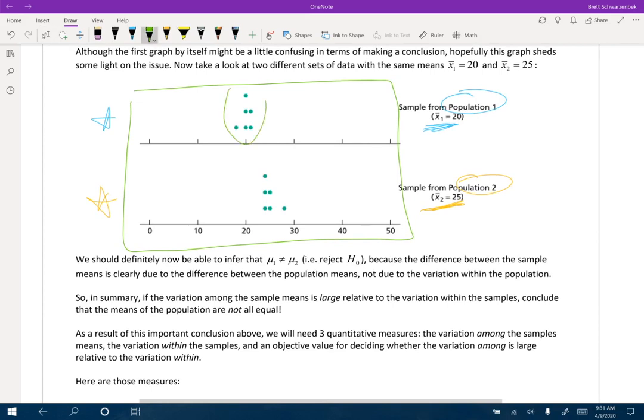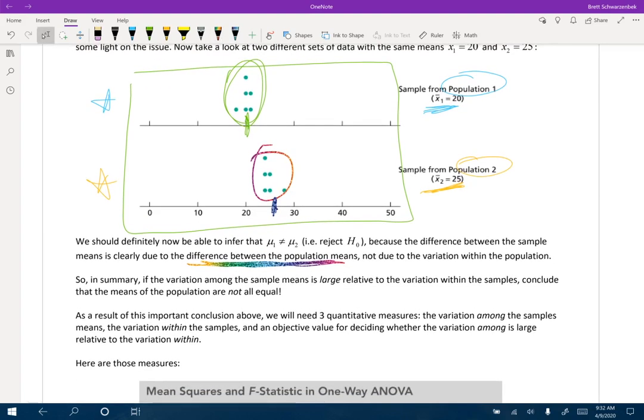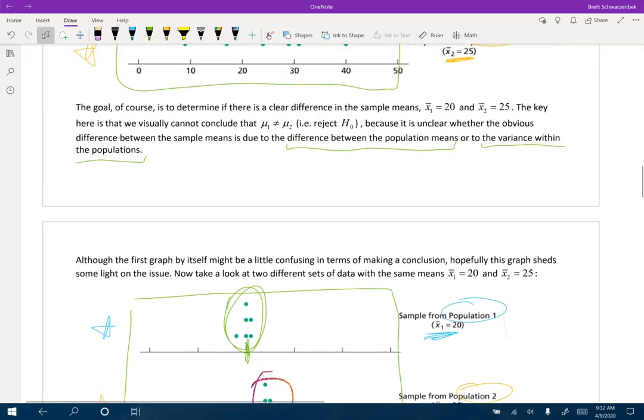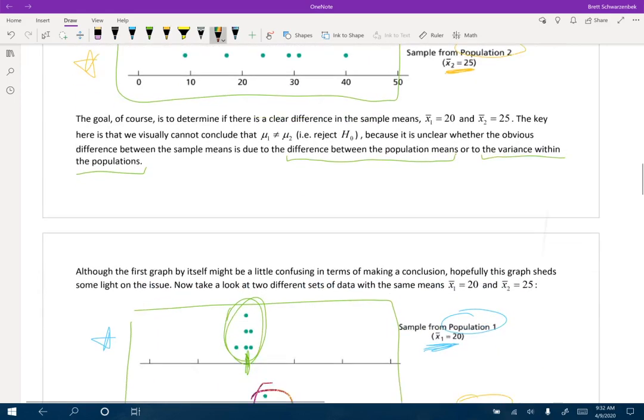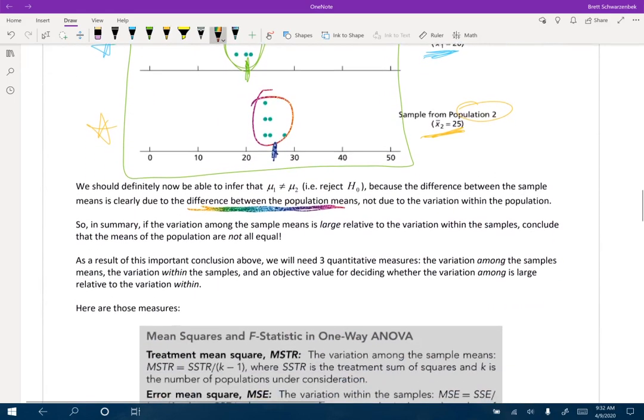Because these are all clustered around one value, while these are all clustered around another. Which means it is very clear that this has nothing to do with the variation within the population. It has to do strictly with the difference between the population means. So this is a scenario where we would reject H naught, because the means are clearly different. But if you look over here, I can't really determine that by what I'm seeing. So that is the logic of this.